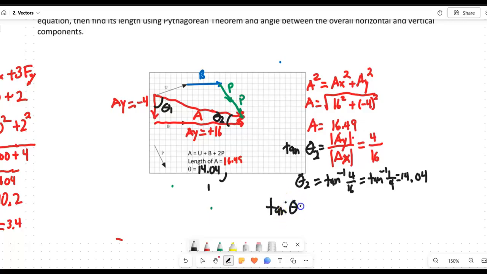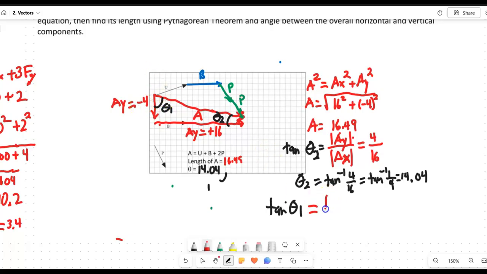Now, the other side, which is theta 1: the tangent of theta 1 is going to be equal to opposite over adjacent. But in this case, opposite of theta 1 is this right here. Adjacent is physically touching theta 1. So in this case, adjacent side is -4.